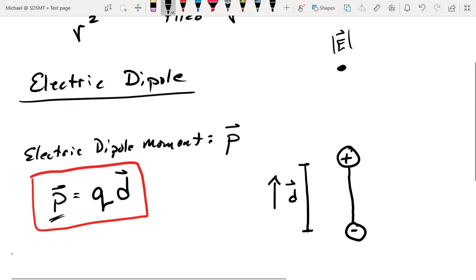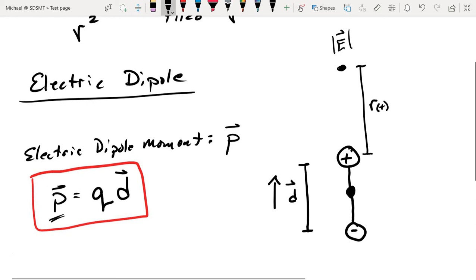So our author wants us to incorporate this electric dipole moment into our final expression, but the author also wants us to measure everything with respect to the midpoint of this dipole, which is kind of strange, because if I'm going to figure out what the electric field is that is produced by the positive charge at that point, then I would need to know how far away that positive charge is.